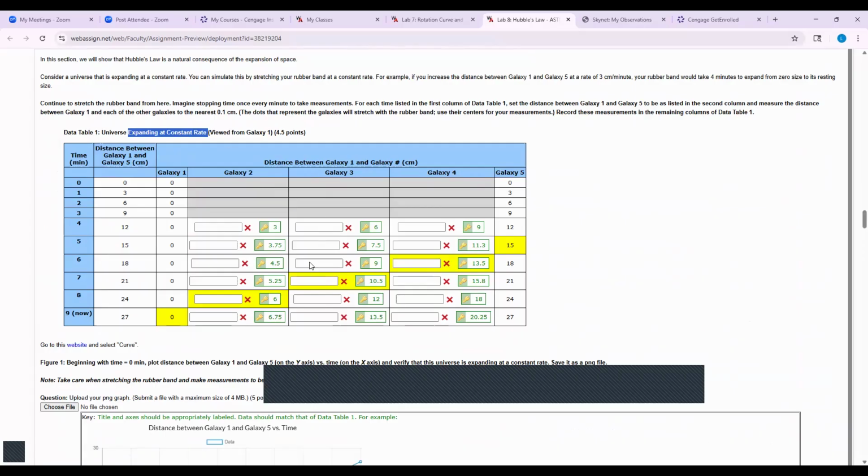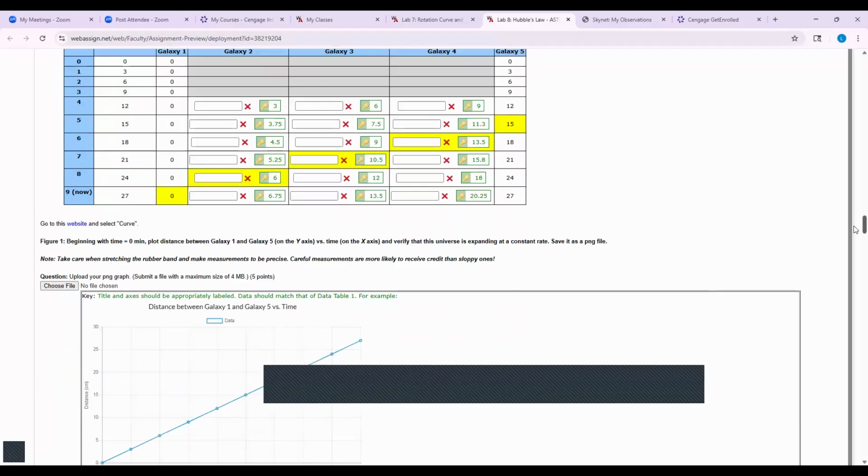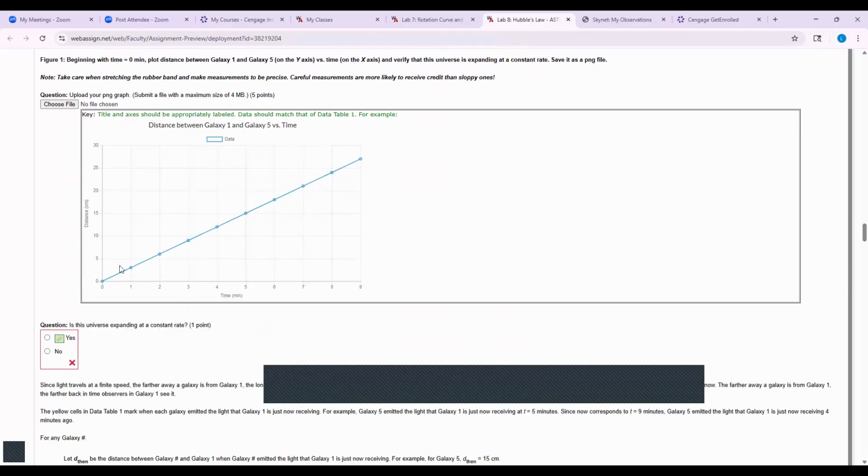When you do this activity, you have to ask yourself why this is constant. Although we said every 3 centimeter per minute, how can we justify that it is constant? For that reason, we're going to make a graph like this, and as you see, the slope of the graph is constant. It shows that the expansion is constant.